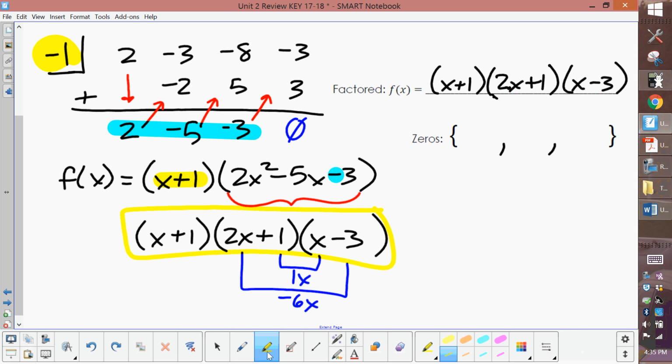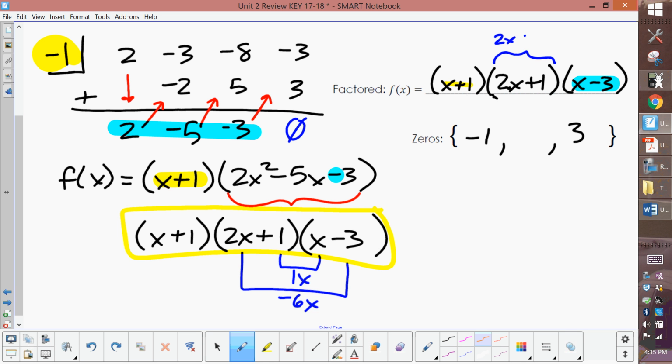All right, my zeros. We already know in this set of parentheses my zero is going to be negative 1, and we saw that it worked in the calculator. In this set of parentheses, the only number that would create a 0 is positive 3. That was also in the calculator, so we already knew that one was going to work. And last but not least, right here, if you get to a point where it's something a little bit weird where you can't eyeball it, you make a little two-step equation that looks like this.